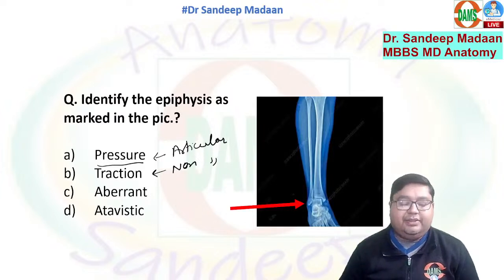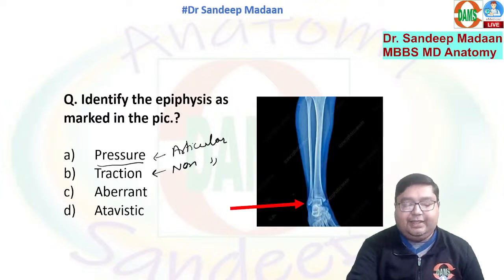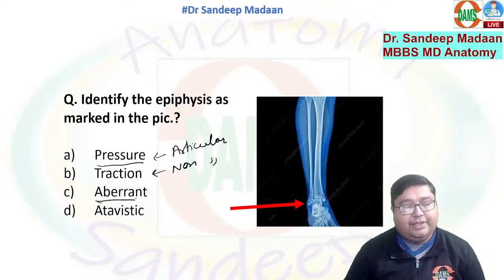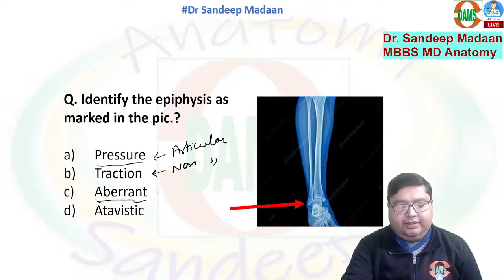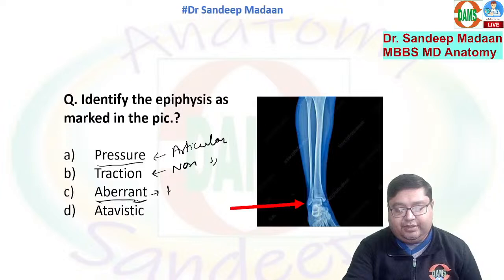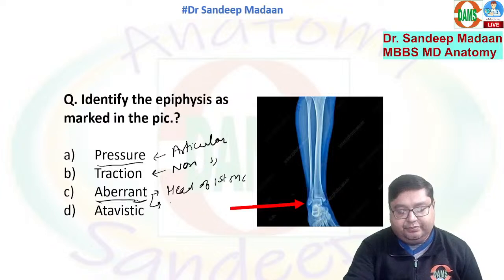But about aberrant, it is absent most of the time, so you can say sometimes only present, an additional epiphysis only sometimes present. And what will be the typical example? Head of the first metacarpal, or you can say base of other metacarpal.